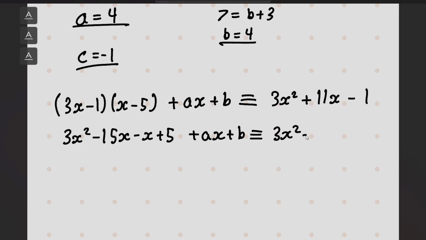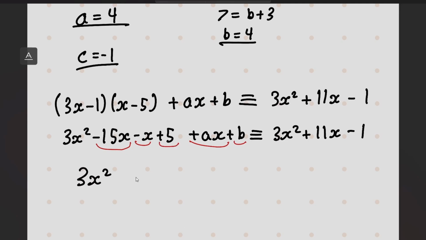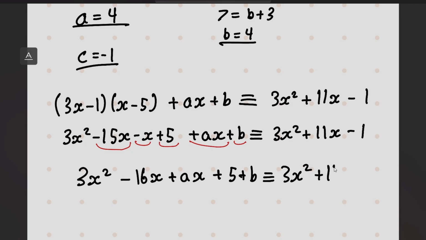Now I would like to get everything in order. I want all of these x terms together and all of my constants together, which in this case will give me 3x squared minus 16x plus ax plus 5 plus b, and that's equal to 3x squared plus 11x minus 1.